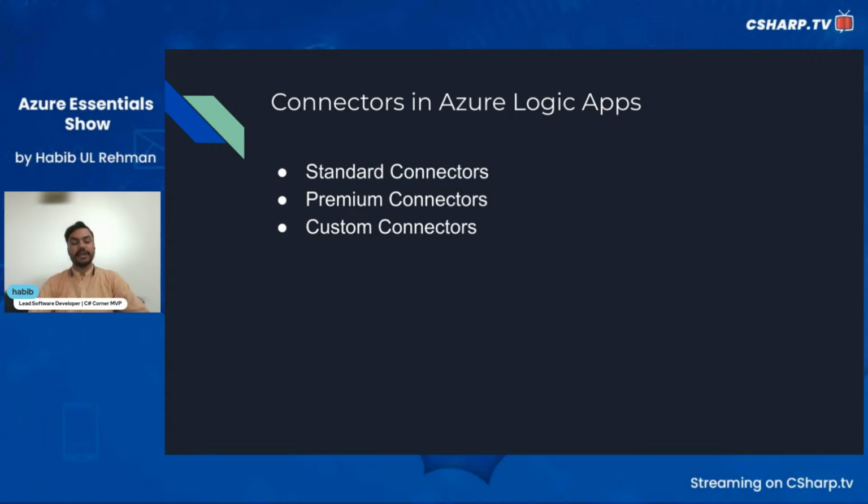We can also create custom connectors that allow integration with proprietary systems or APIs which are not covered by existing connectors. Then we have a few popular connectors: Microsoft 365, Azure services, database, file storage services. So you can use any connector with your Azure Logic Apps actions.